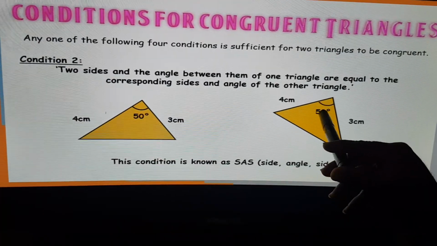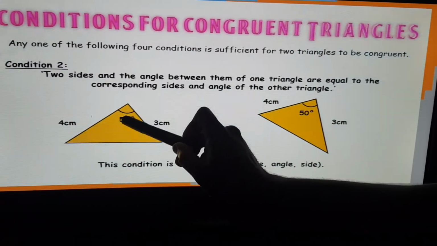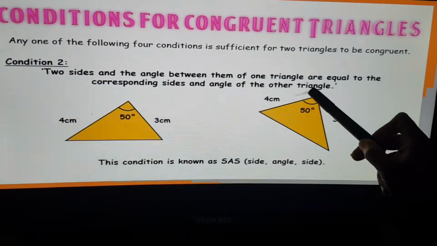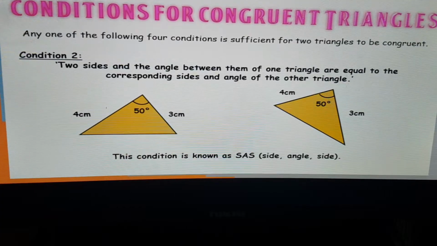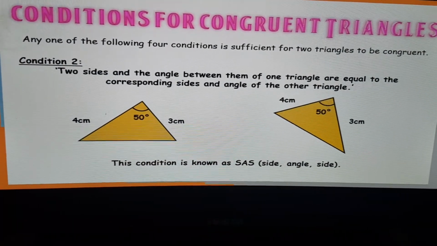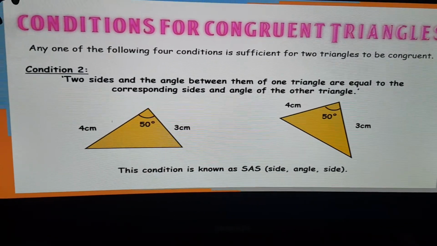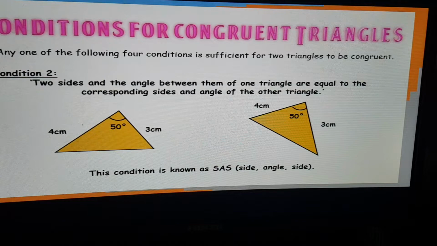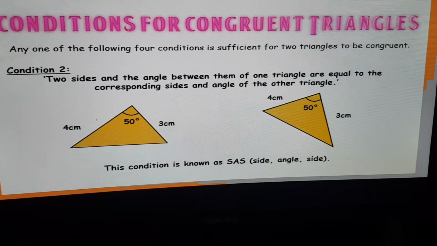This condition is known as side angle side. For these triangles to be congruent, two sides must be equal and the angle between them must also be equal to their corresponding sides and angle. So the condition is known as SAS, and that's side angle side.